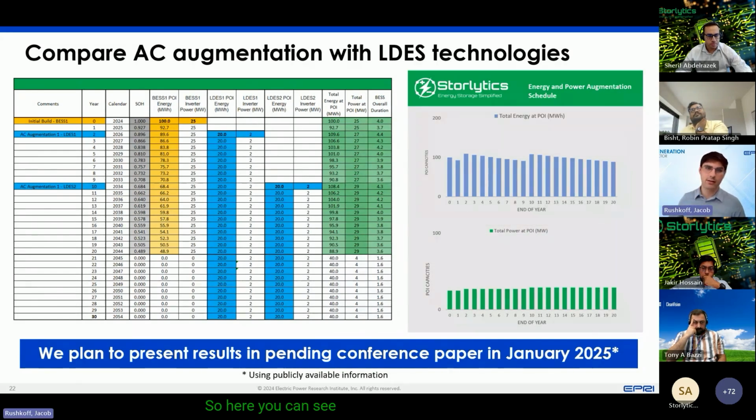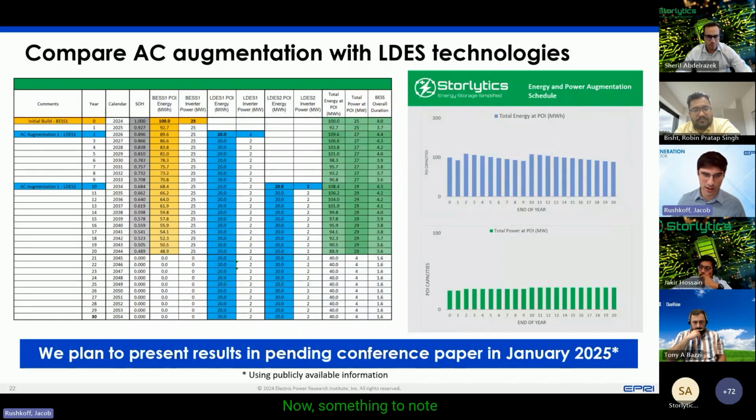So here you can see, in a very similar process, we're installing LDES instead of installing more battery stacks. And something you'll notice is that this energy capacity is not changing over time. That's not always true with LDES. There are still some electrochemical batteries that we're going to be considering that are expected to degrade over time. But these are being installed in parallel with the battery systems.